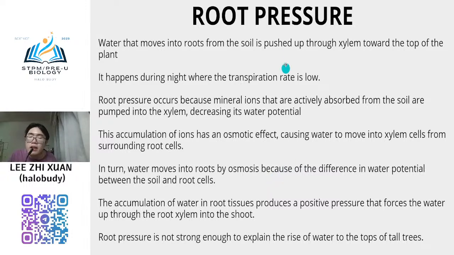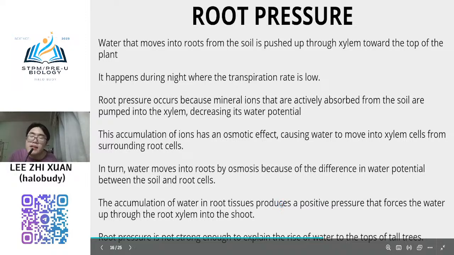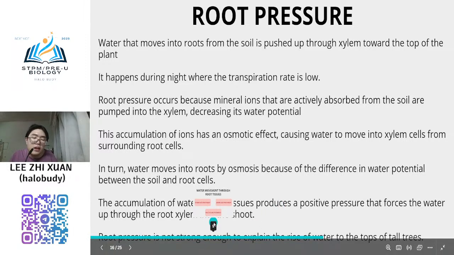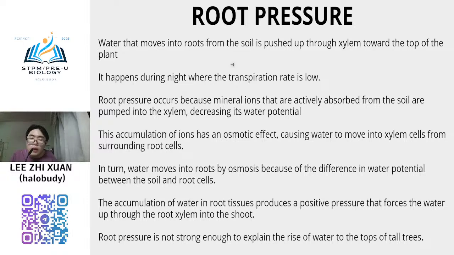Why is that called the pushing process? Logically it works, but we know that on Earth we have gravitation, so the pushing force will not be very strong. The root pressure is not very strong to push up the water from the root into the shoot, especially when the plant is very tall, like a tree or a secondary woody plant such as the durian tree.